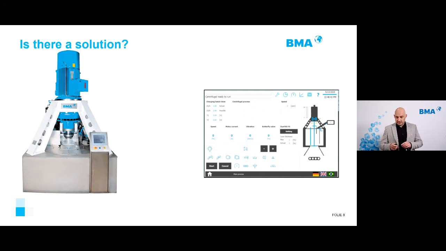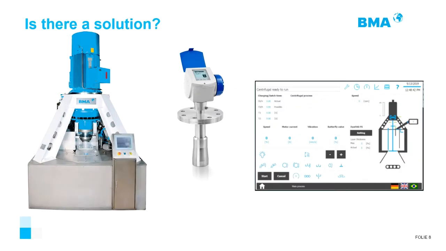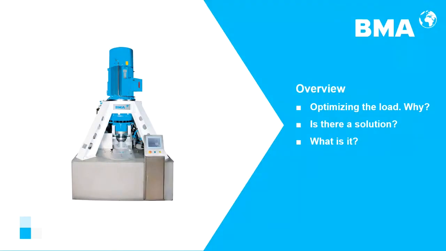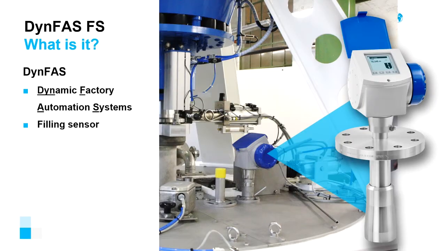And one of these sensors is this little body over there. And I am talking about this little body at this point. But what is that? Okay, this small sensor, the name of it is DINFAS FS, and DINFAS stands for Dynamic Factory Automation System.